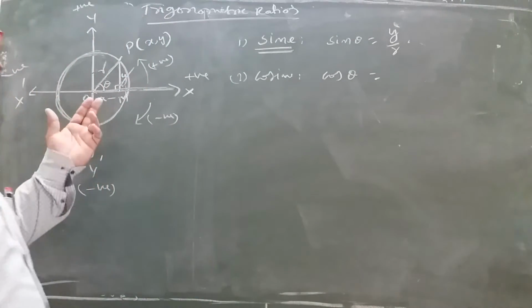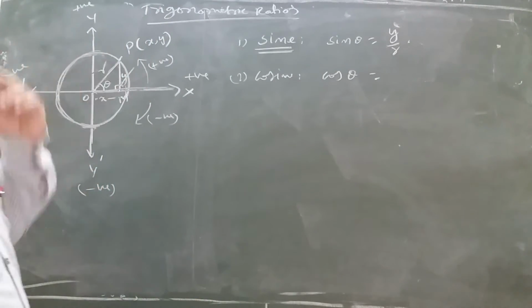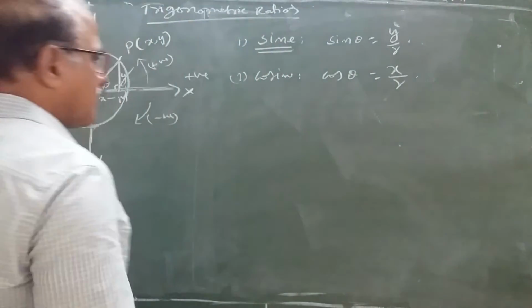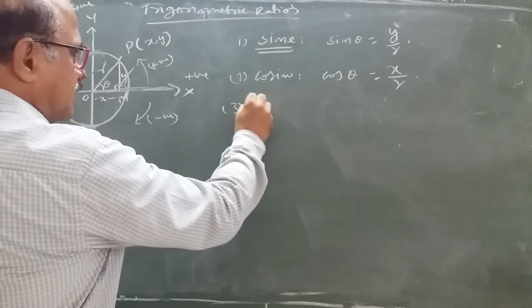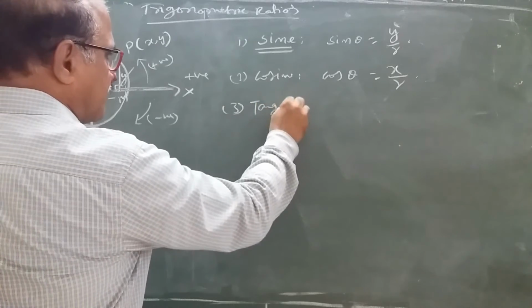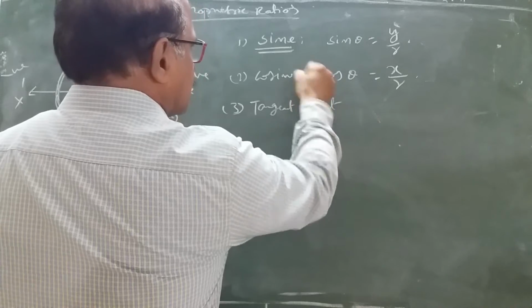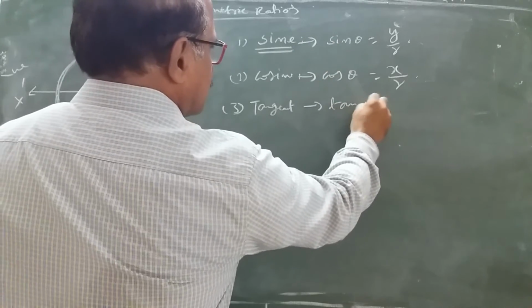This is the ratio between the x coordinate and the radius, x by r. And the third one is tangent of the angle, we can simply write tan theta.